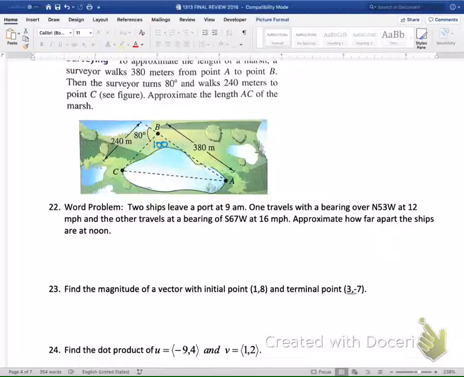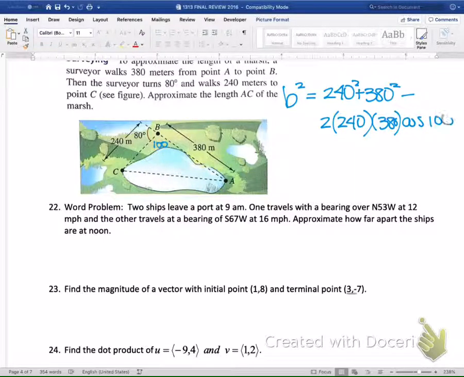Very easily on this one, I would set up b squared is equal to 240 squared plus 380 squared minus 2 times 240 times 380 times the cosine of angle B, which is 100. Literally type the entire thing in your calculator and square root, and that's it.